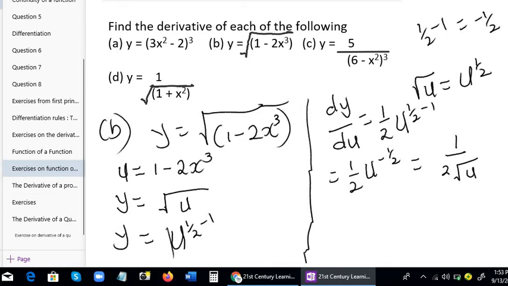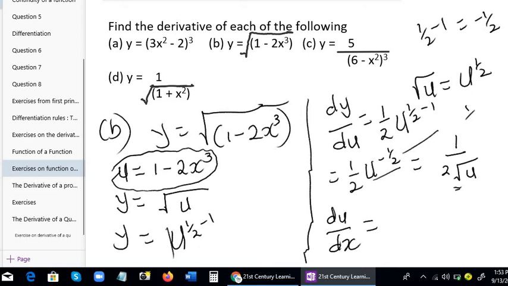Let's differentiate u. du/dx will give us, differentiating u in respect to x, hope you understand how I got this. This minus means 1 over u, and u to the half is the same thing as root u.